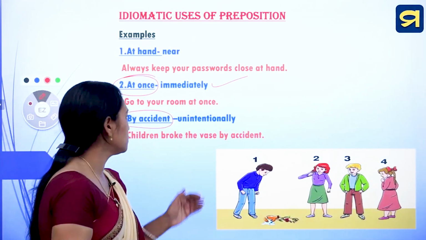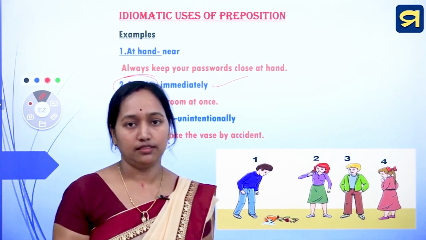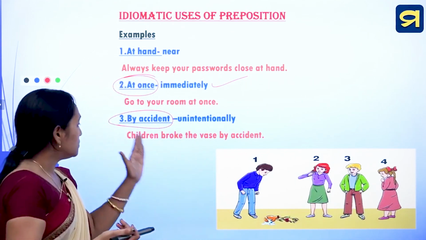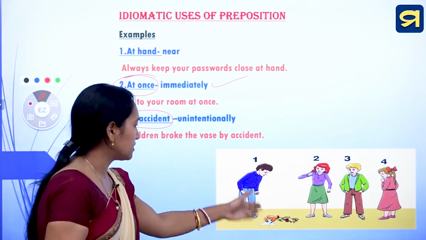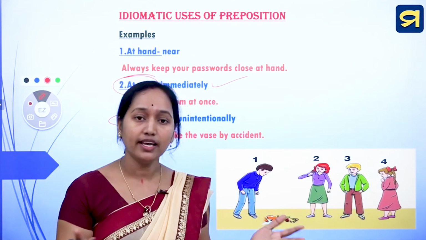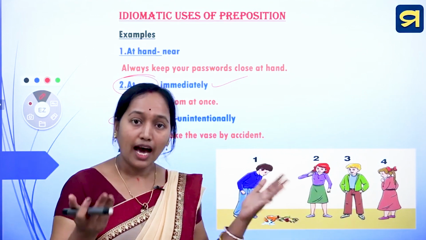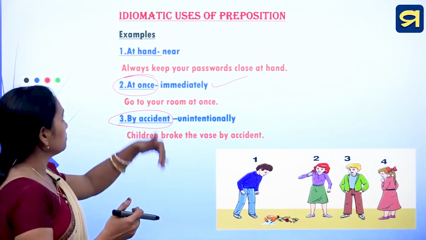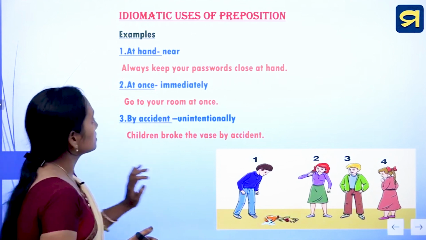By accident means unintentionally, unknowingly. Look at the examples. Children broke the vase by accident. Means unintentionally they broke the vase. So these are the examples about your idiomatic uses.